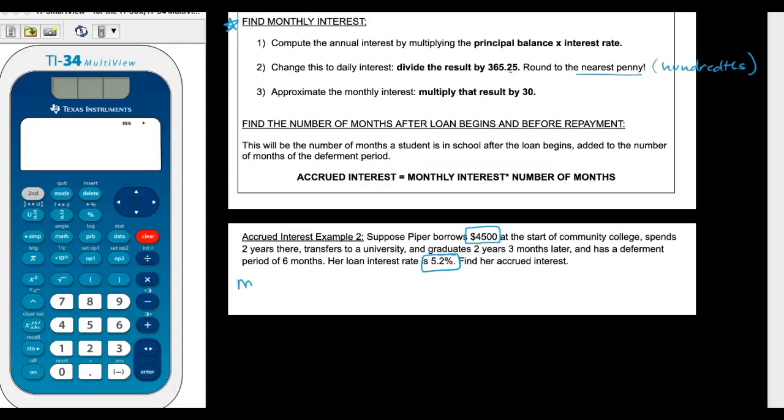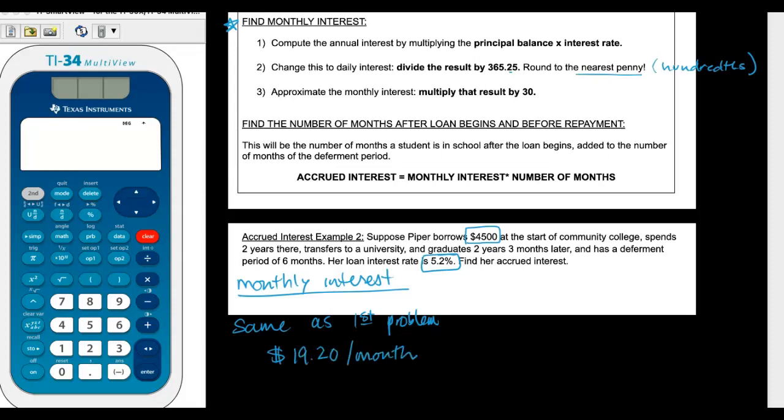And so when we're calculating monthly interest, it's actually the same as the first example. We calculated that as $19.20 per month. The only thing that's different is the number of months before repayment. So let's look at that.